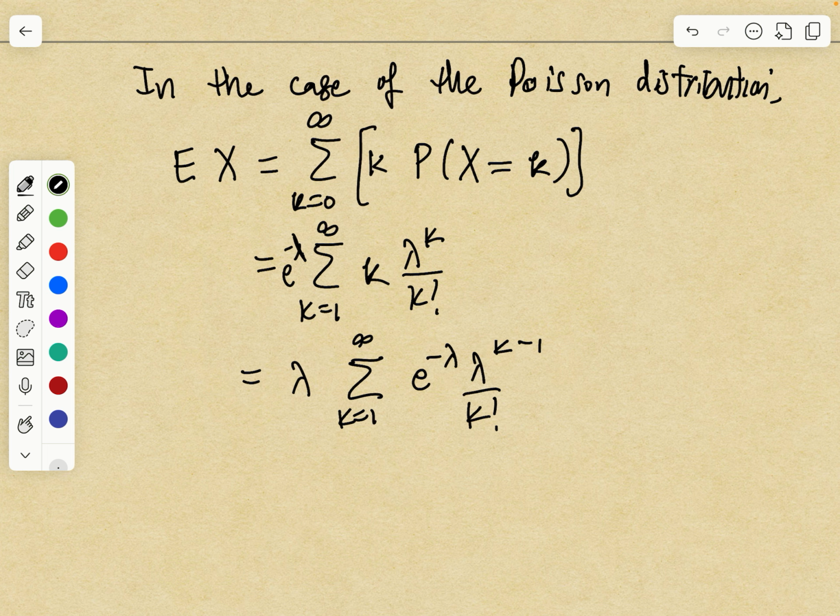So now you have this lambda to the k minus 1, and I'm trying to make the sum look like a Poisson distribution. I have to factor out a k, so I'm going to have something like k times k minus 1 factorial.